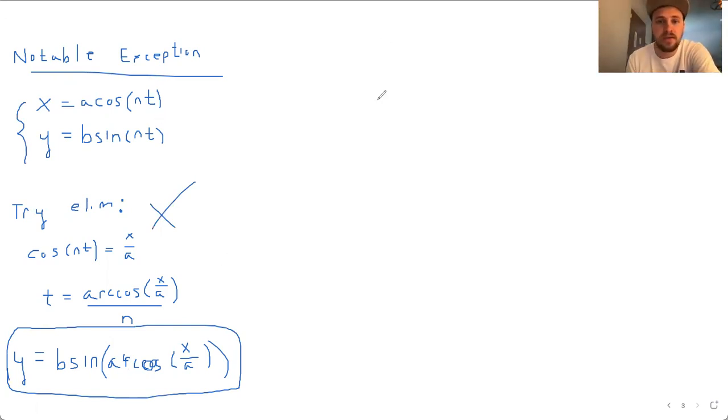So here's what we can do. We can be a little clever in this case. I notice here that cosine and sine have the same entry inside the trig functions here. So we can do a little bit of solving here.